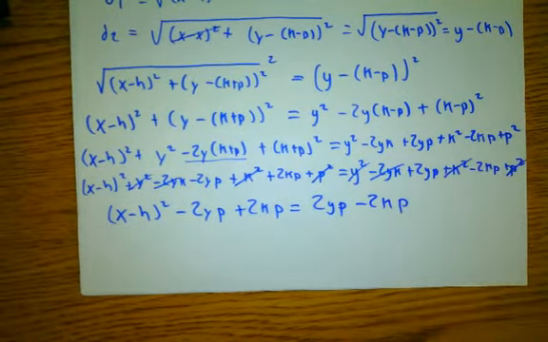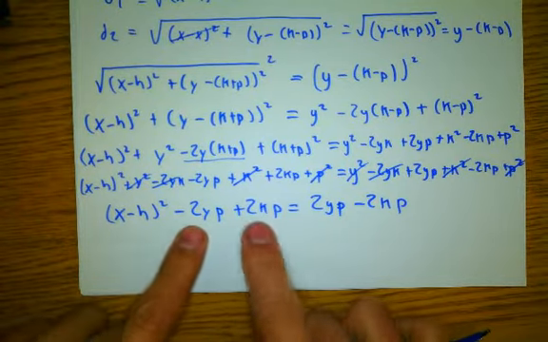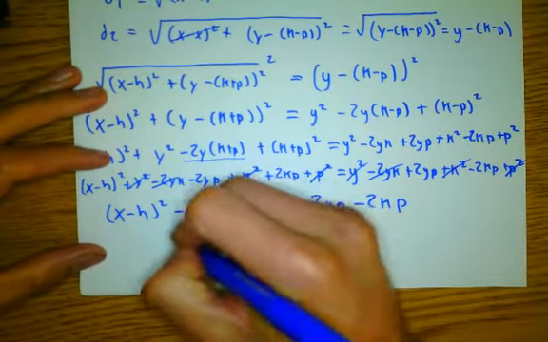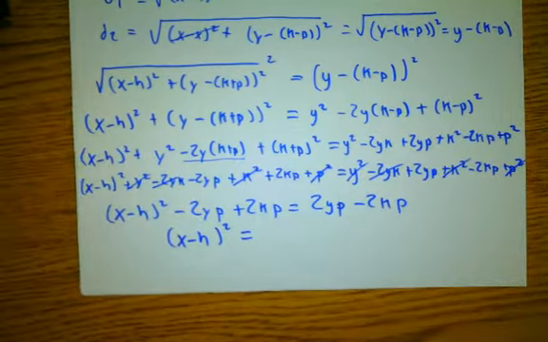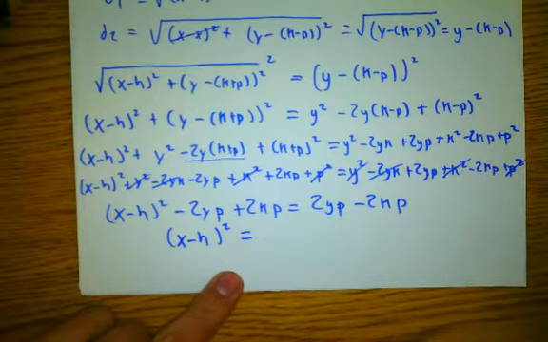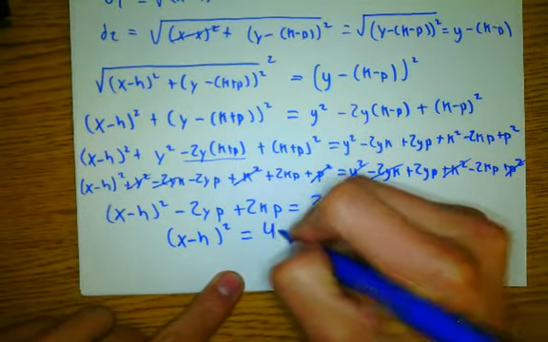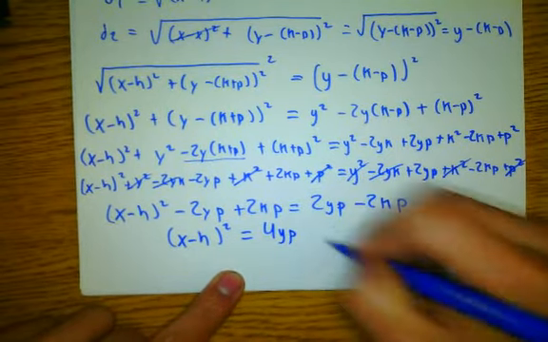But I like where I'm at because I can actually combine some of those things together. They will add up because they're the same, right? Can I move both of these to the right-hand side? If I do so, I would just be left with x minus h squared on the left. And what would I have on the right-hand side? 4yp, because if I add the 2yp, and I already have two of them, that would be 4yp minus 4kp.